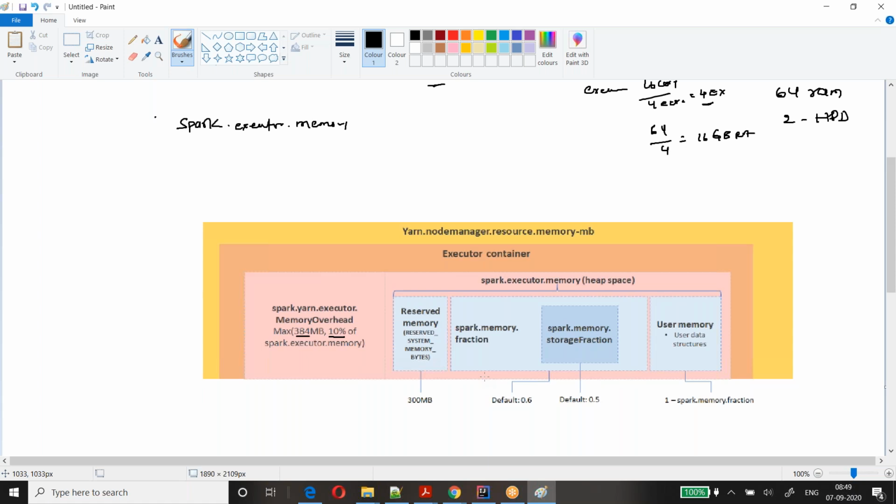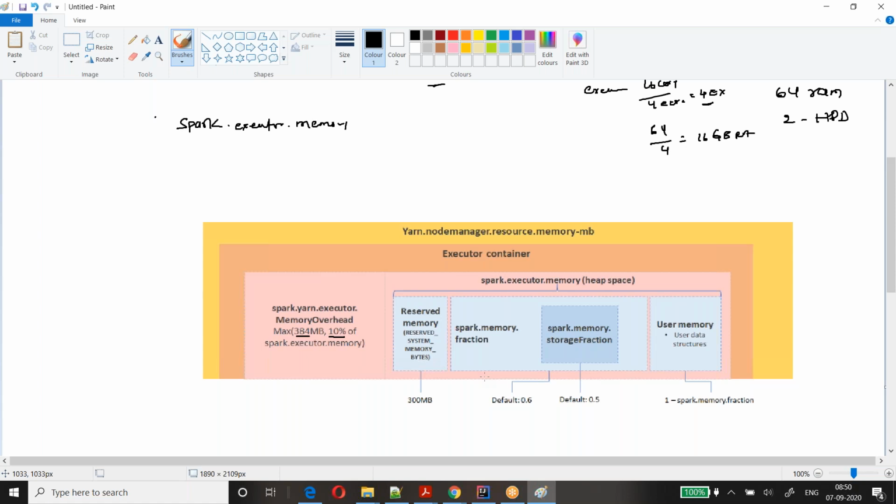How much will it request? Guys, it is executor memory plus memory overhead, right? 10%. It means 4.4 GB will be requested.